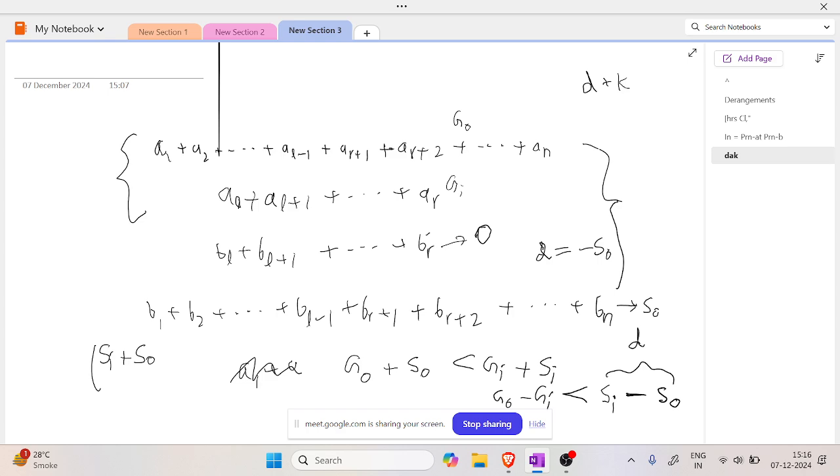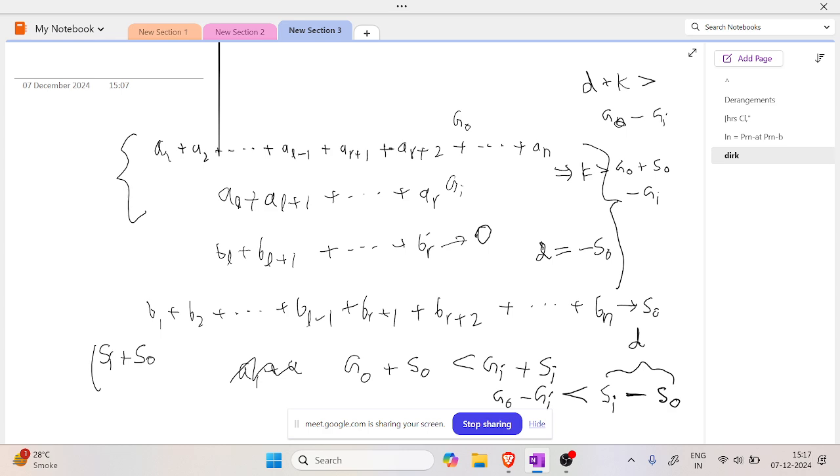So let's say k of the coins turned, because turning is always a favorable outcome for us, and d plus k should be greater than Go minus Gi, and d is initially minus So, so k should be greater than Go plus So minus Gi.